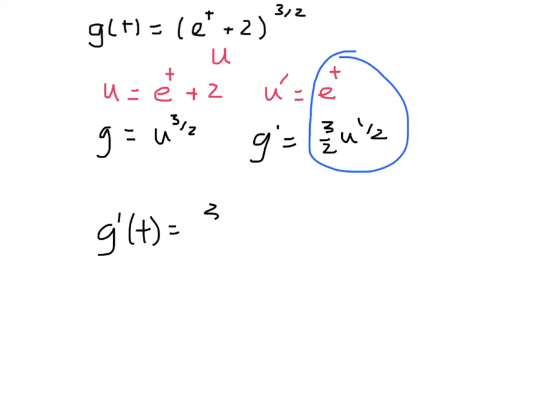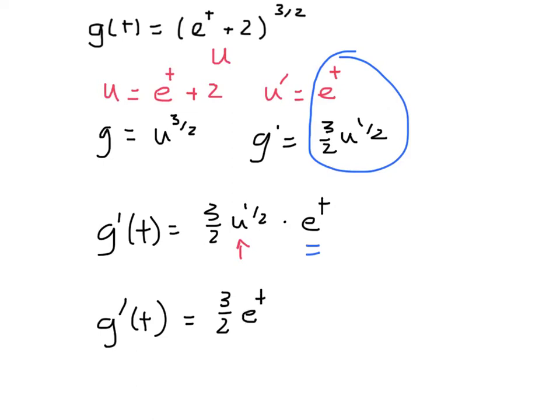And then we're going to multiply these two things together to get our g prime of t. And that's just going to be 3/2 u to the 1/2 times e to the t. Now you don't want to leave a u in your answer because it's a function of t. So let's just substitute back in what u equals. So the final derivative formula is g prime of t equals, I have my 3/2, and I'll move this e to the t over with the 3/2.